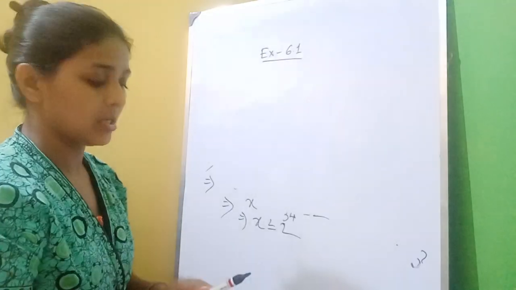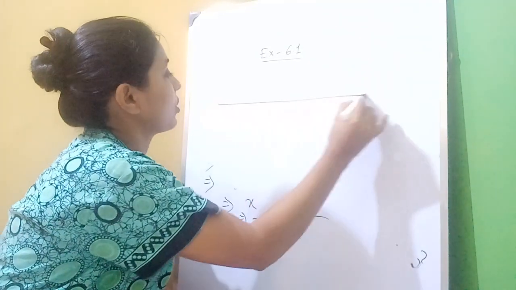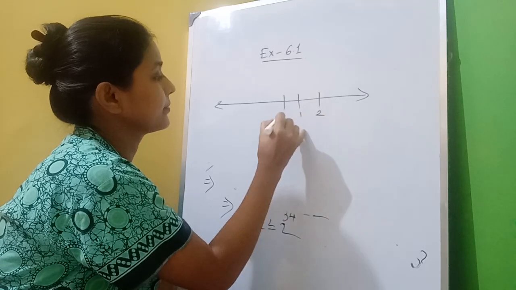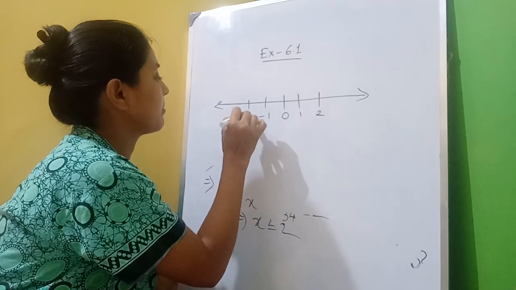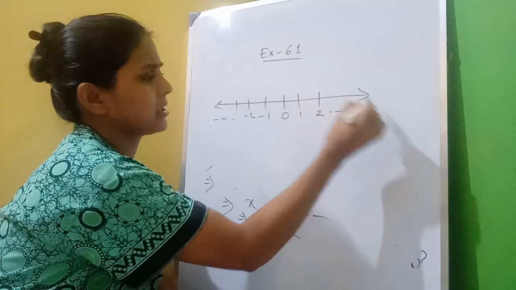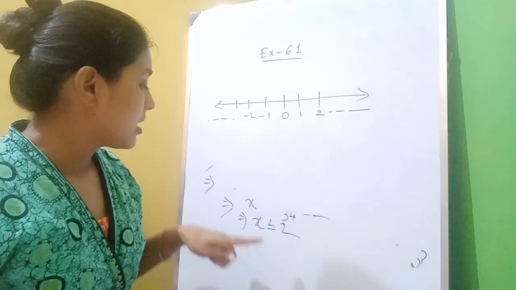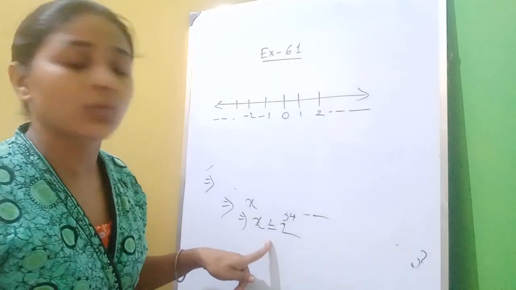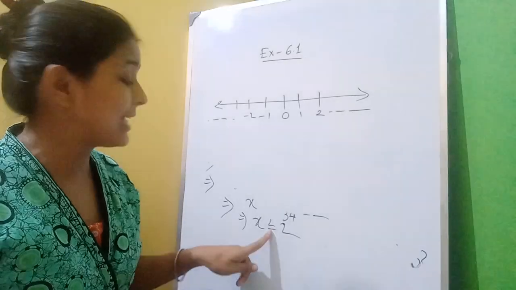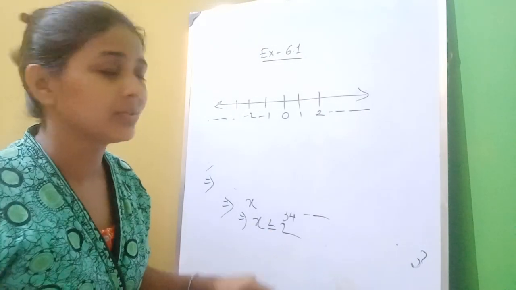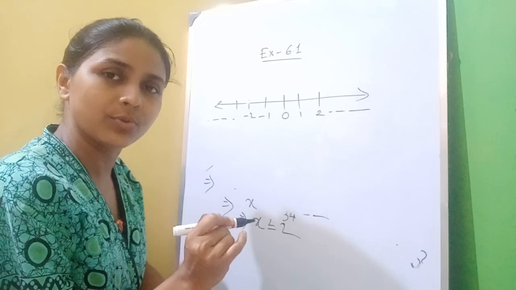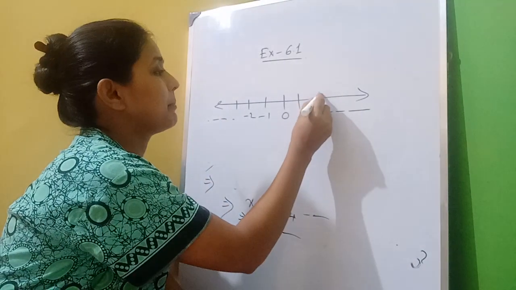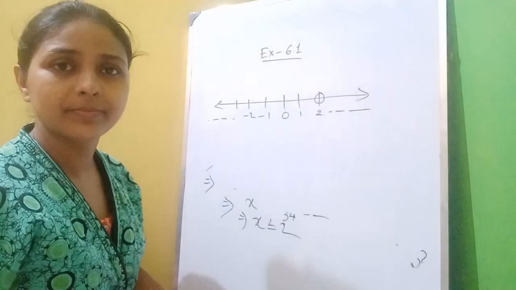Depending on this, what I told, you need to draw the real number line. 0, 1, 2, -1, -2 and so on. This is also continuing. The condition is telling us that x is less than or equal to 2. That means it can be 2 also, or it can be anything less than 2. So we will mark 2 first.